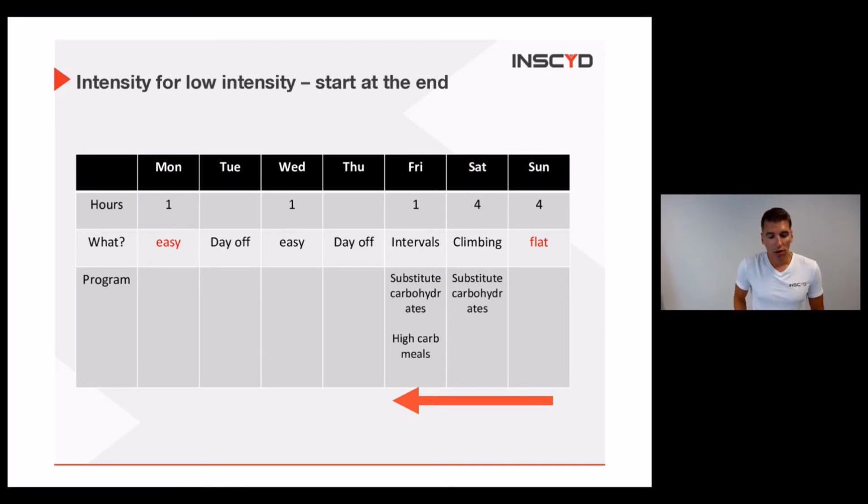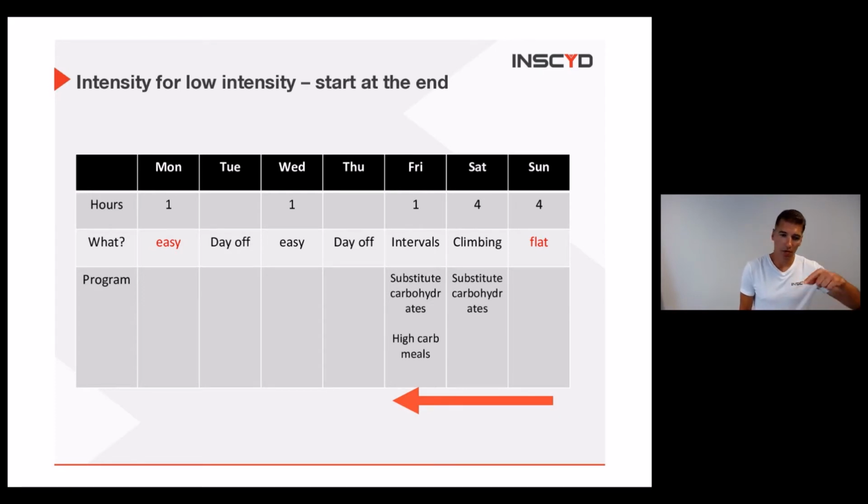And now you could add some information how you would want to fuel the athlete. So Tuesday, Wednesday, Thursday, nothing specifically needed in terms of fueling, because there's not so many hours of training. And additionally, you have many days off. So substituting carbohydrates is not going to be a bottleneck here, right?